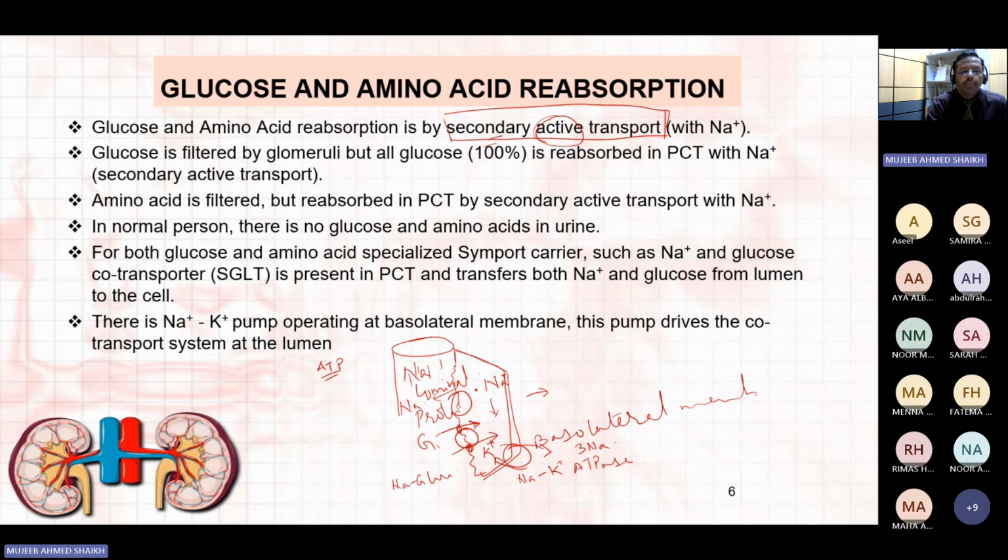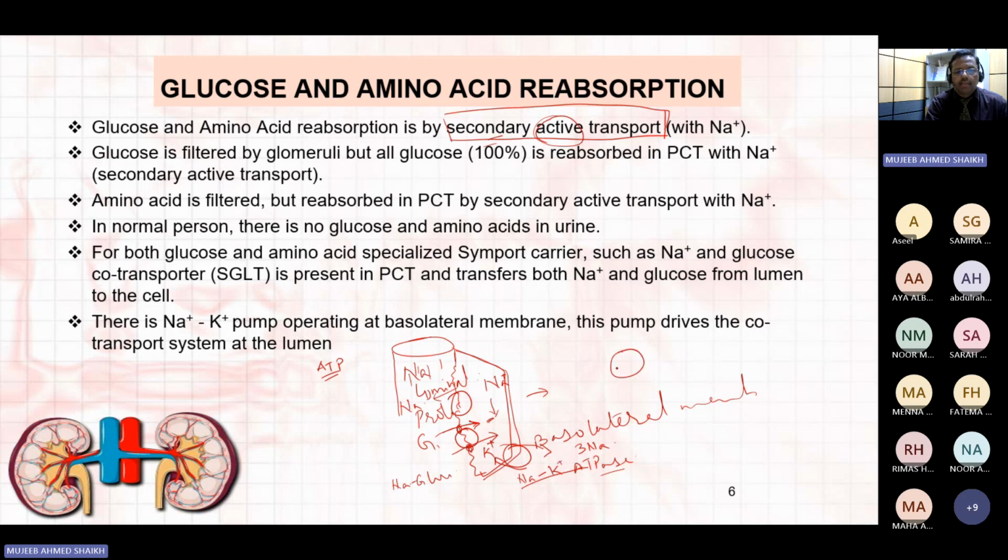If only one attaches, it will not function. So as you know, sodium is trying to move in, and at the same time glucose will also be moving in. So the sodium glucose channel makes them move in, but this channel is functioning because of the sodium potassium pump at the basolateral membrane. That's why it is called secondary active transport.